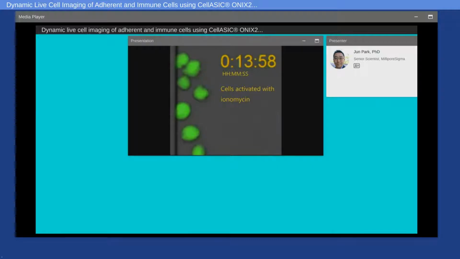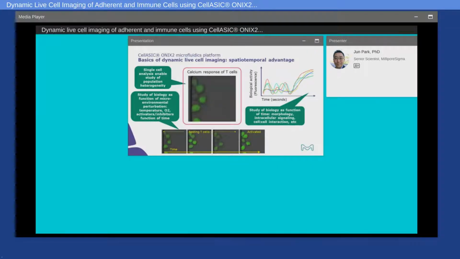In summary, the advantages of dynamic live cell imaging can be summarized in this slide. Analysis of cellular events at the single cell level, thus enabling study of population heterogeneity. Study of cellular biology as a function of microenvironmental perturbations. For example, we can study calcium responses of T cells before, during, and after their activation.